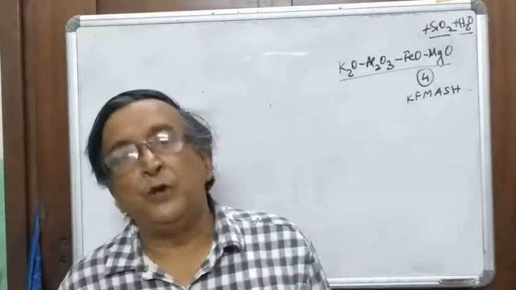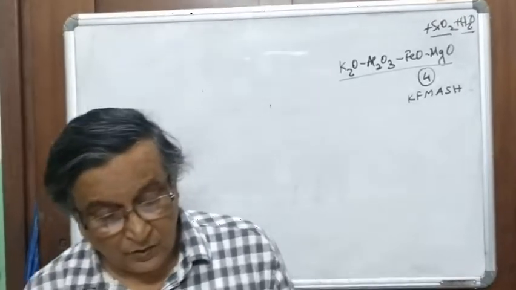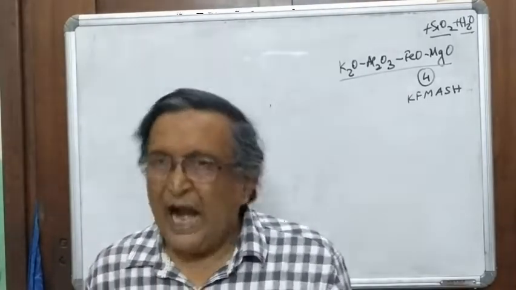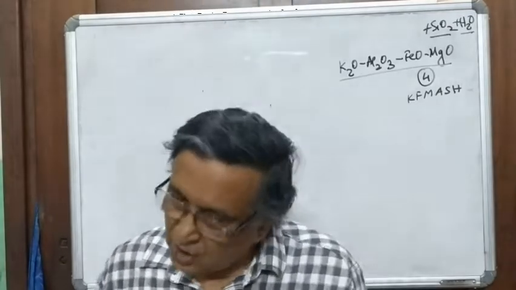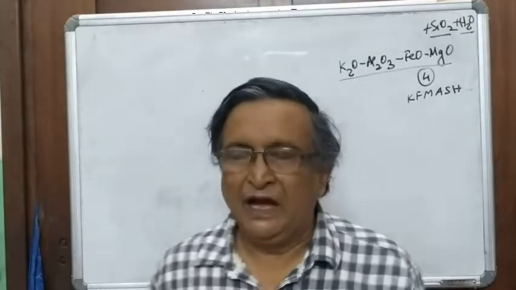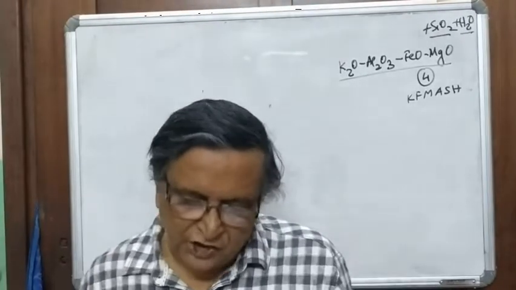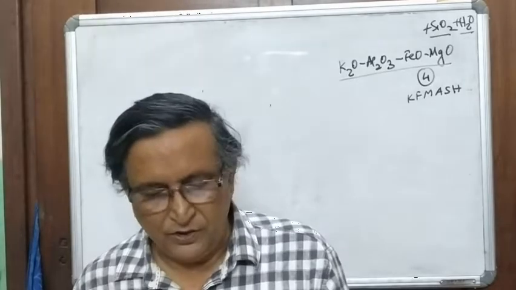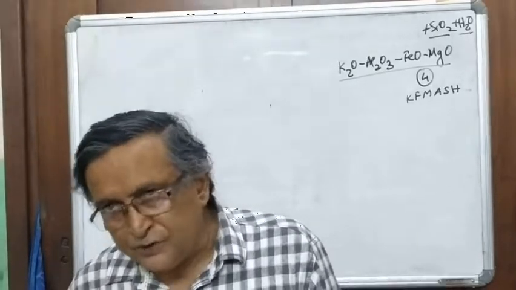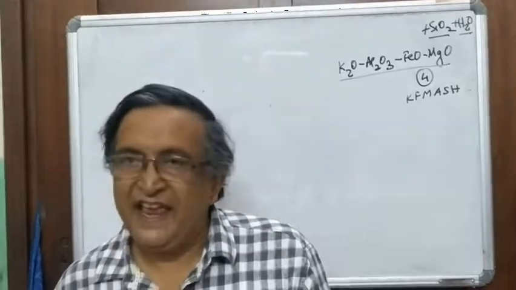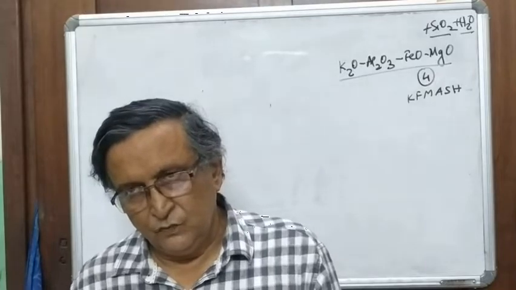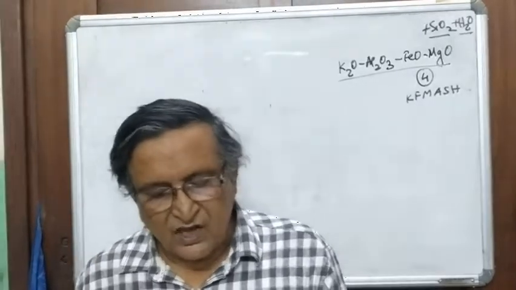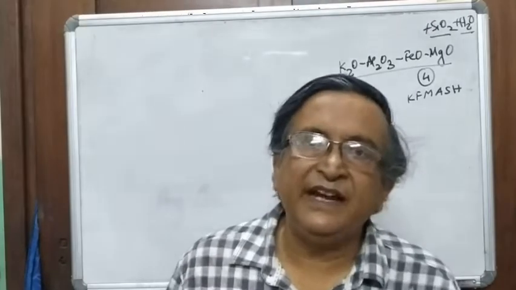Rule 5: If a component occurs in 2 or more phases, and one phase is common to all assemblages, project the composition of all phases with the component from the composition of the common phase onto a face of the tetrahedron or some other convenient plane. I will read again.